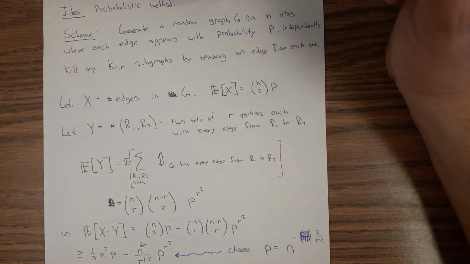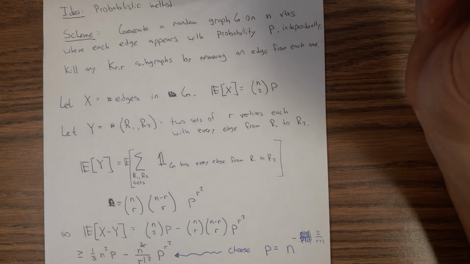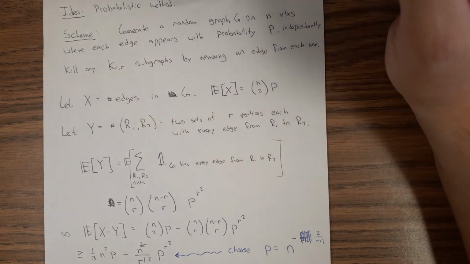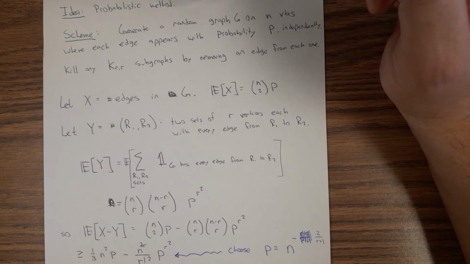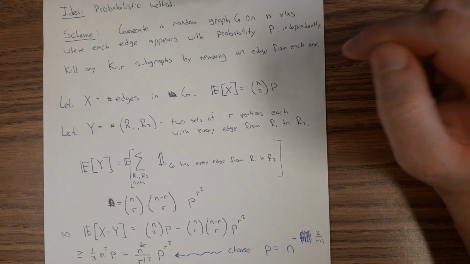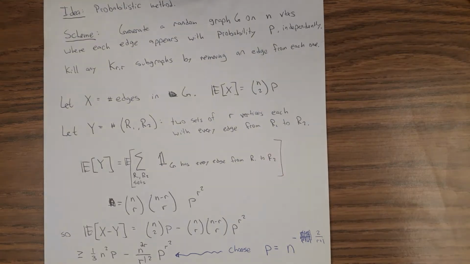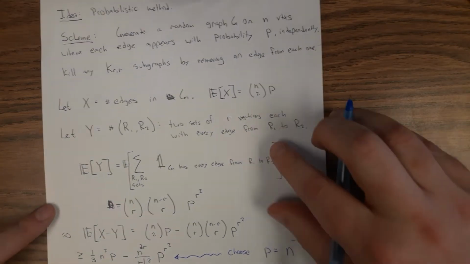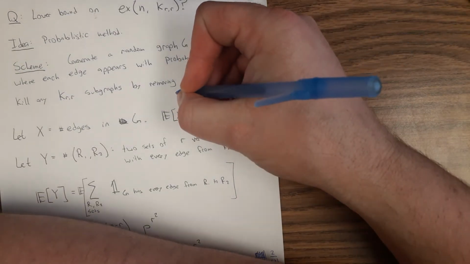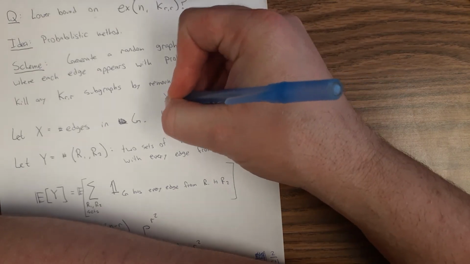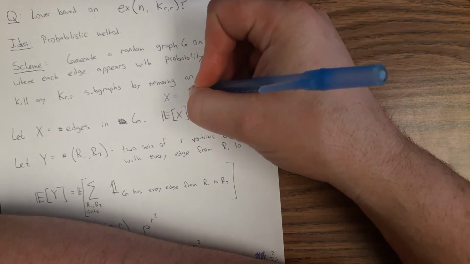So let's talk about how many edges are left, at least in expectation. So let X be the number of edges in G. Then the expected value of X is n choose 2 times p. And maybe this is going a little bit fast here, but let me justify this.